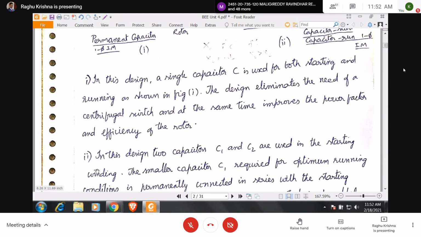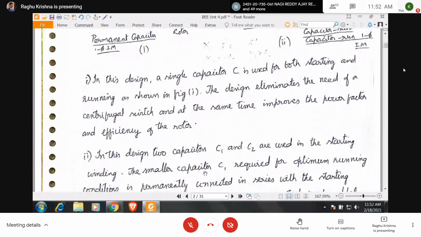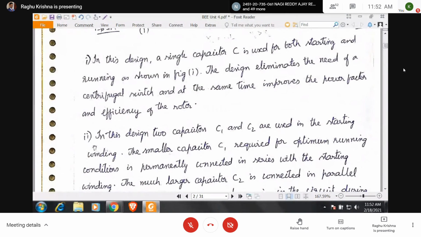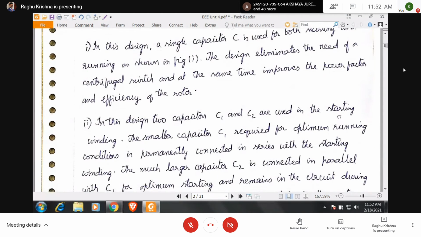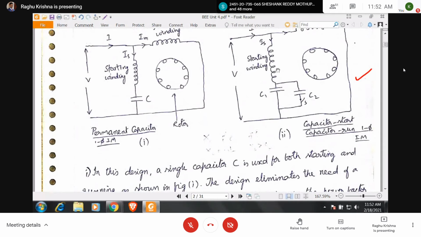Next, coming to the second one, capacitor start, capacitor run. The second point is about the second diagram. In this design, two capacitors C1 and C2 are used in the starting winding.